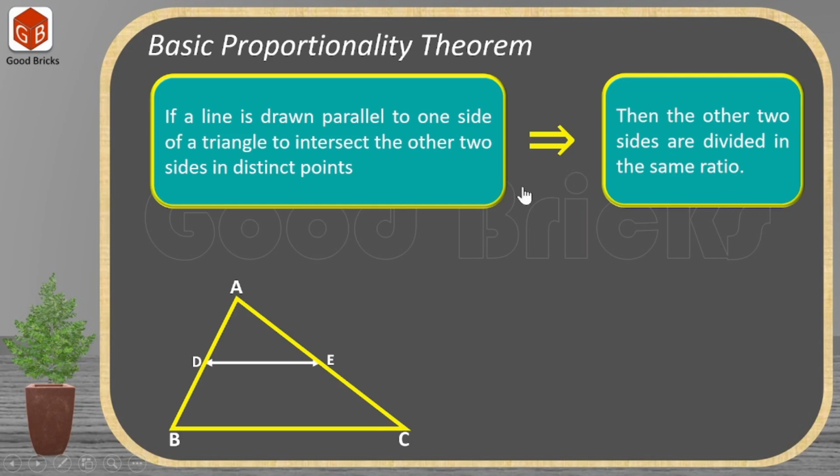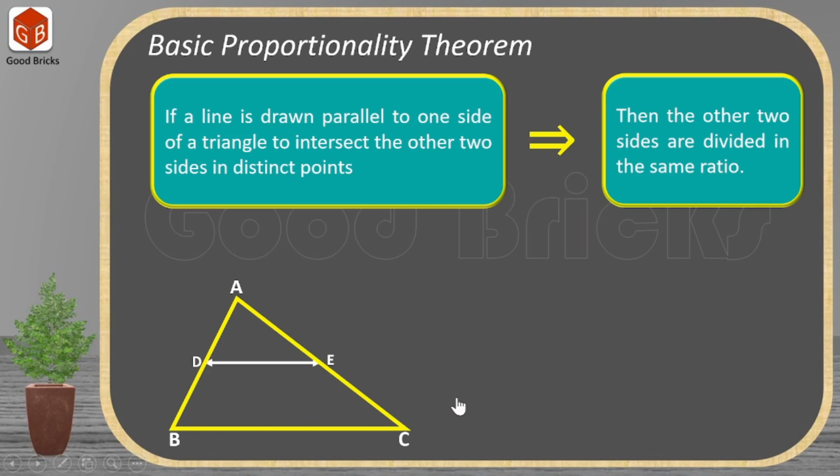This basic proportionality theorem says that this line divides the remaining two sides. What are the remaining two sides? AB and AC. These two sides are divided by the points D and E in the same ratio. It means AD by DB is equal to AE by EC, only when DE is parallel to BC.